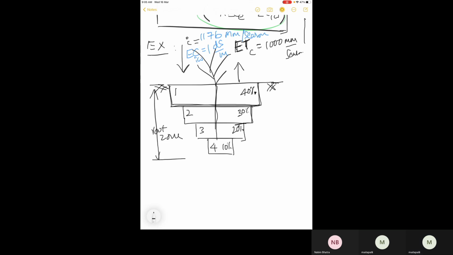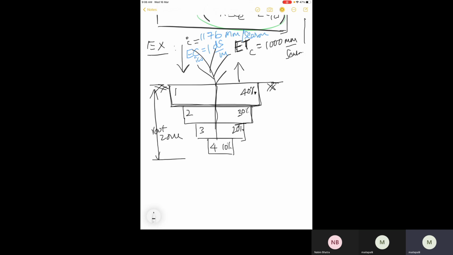So the question here is, if this is the case, ETc is also per season 1000 mm. So the 1000 mm is contributed 40% from the first quarter, 30%, 20%, and 10%. So that's a distribution of this seasonal ETc, 1000.